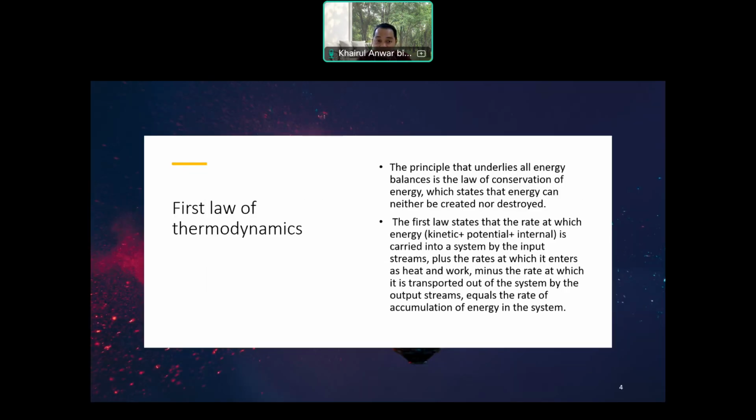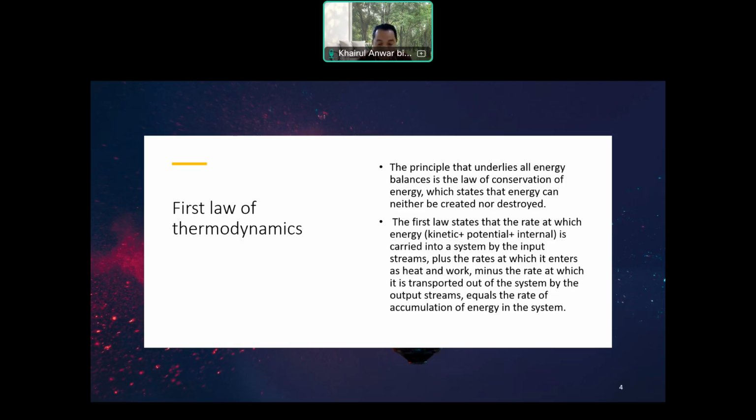So the first law of thermodynamics, the principle that underlies all energy movement, is the law of conservation of energy, which states that energy can neither be created nor destroyed. The first law states that the rate at which energy, kinetic or potential, is carried into a system by the input stream. So why do you need to know this?